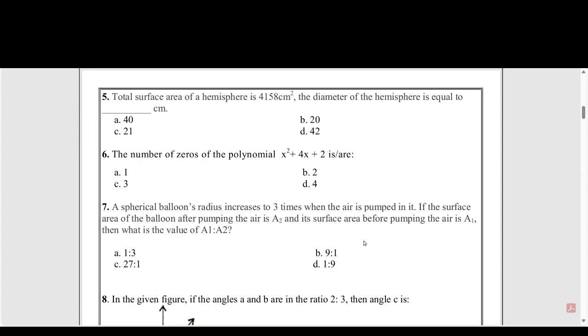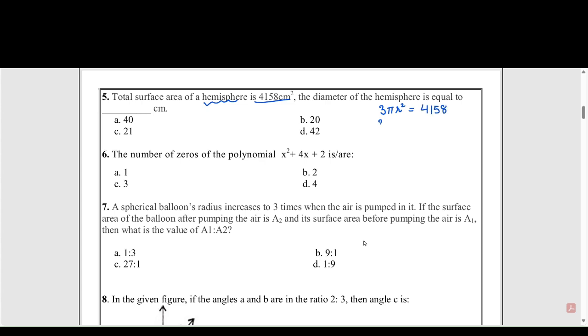Now question number 5, total surface area is given. For that you should know the formula of total surface area of hemisphere, that is 3 pi r square is 4158.